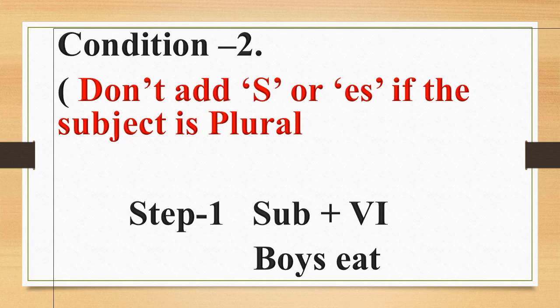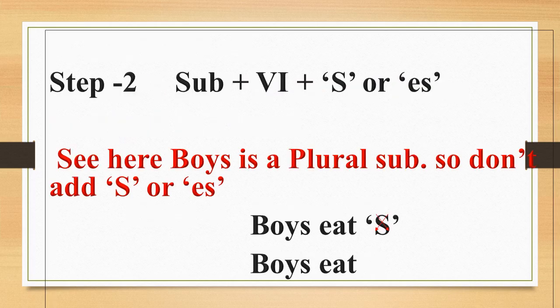See your subject, whether it is singular or plural. Now I see boys is a plural subject, so don't add s or es if the subject is plural. So just put a cross over this s. Right now I am only talking about s. Okay, it simply becomes boys eat.